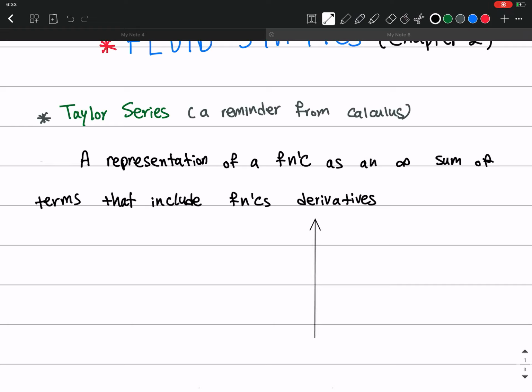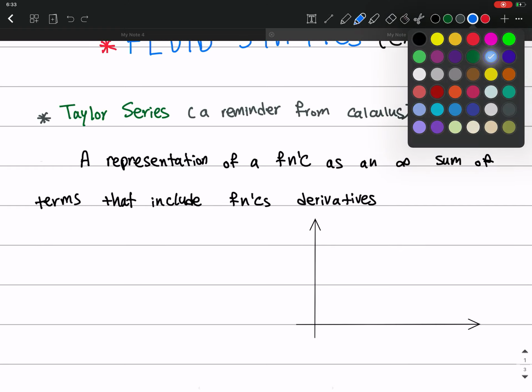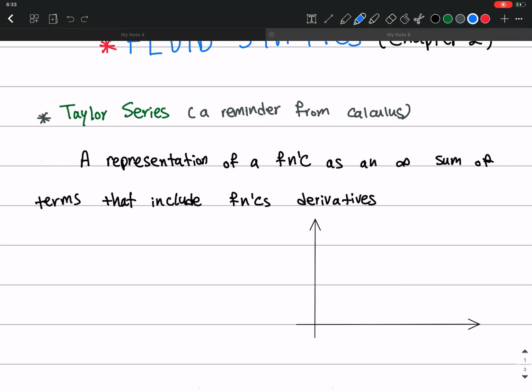So suppose we have this arbitrary function here, something like this. This is f of x, a function.